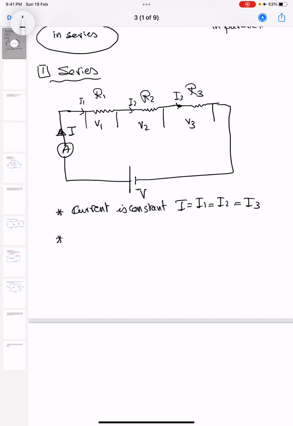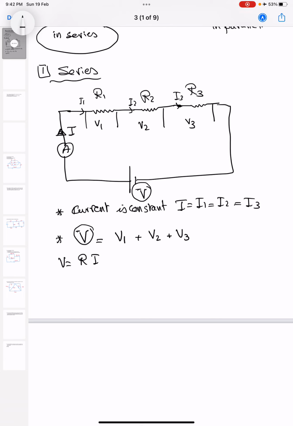resistance. Okay? So the total potential difference across the battery must equal the potential in the first resistance plus the potential in the second resistance plus the potential in the third resistance. As we know, Ohm's law: V equals RI.